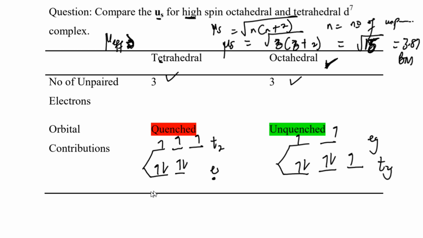So there is no orbital contribution here. The orbital contribution here is quenched, right? But looking at this, the last electron 1, 2, 3, 4, 5, 6, 7, the last electron is here, so it's on T2G, right? And it brings about orbital contribution. So you expect that the mu effective for this one to be greater than mu spin, right? So the mu effective for this one will definitely be greater than 3.87, right?